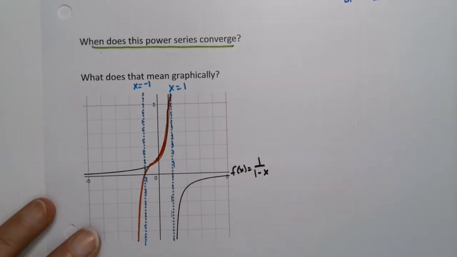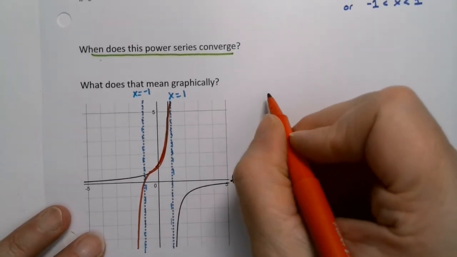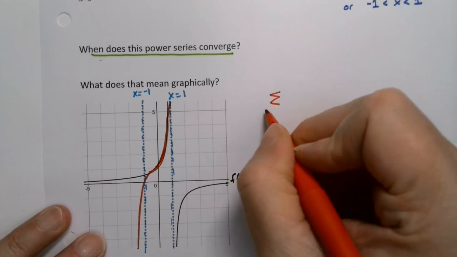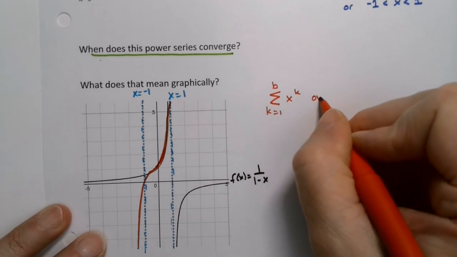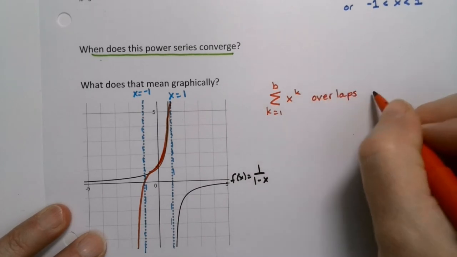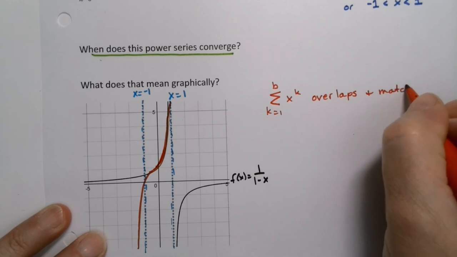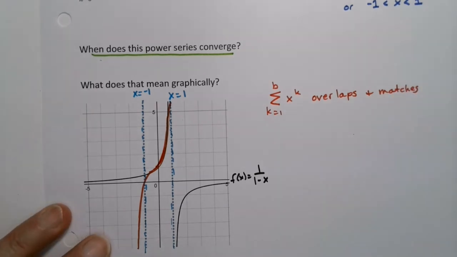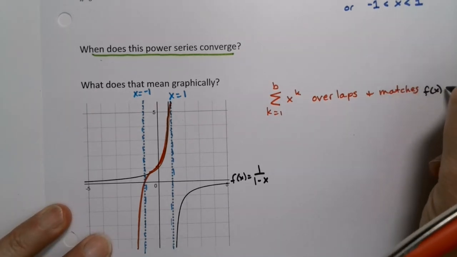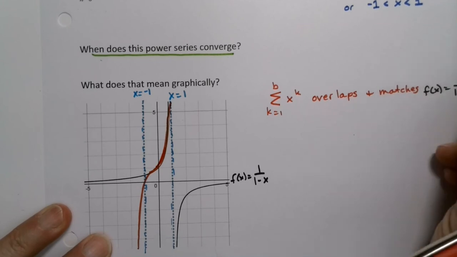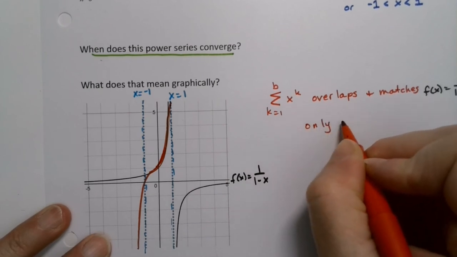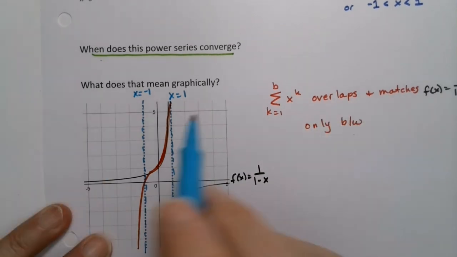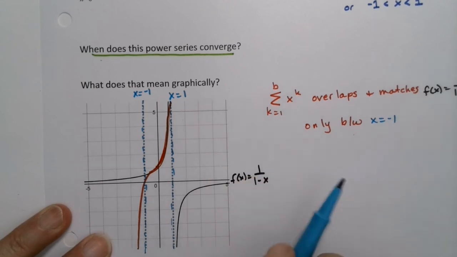So what we're noticing is that the series from k equals 1 to b of x to the k overlaps and matches f of x equals 1 over 1 minus x only between x equals -1 and x equals +1, right?